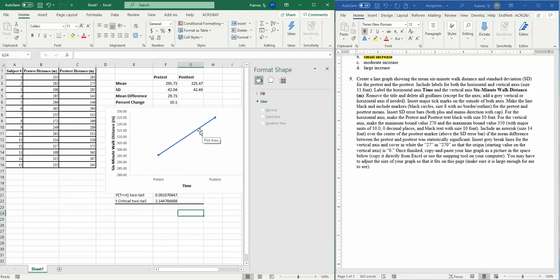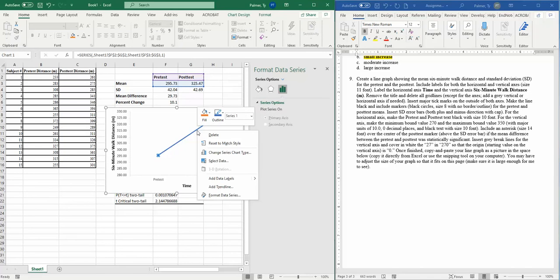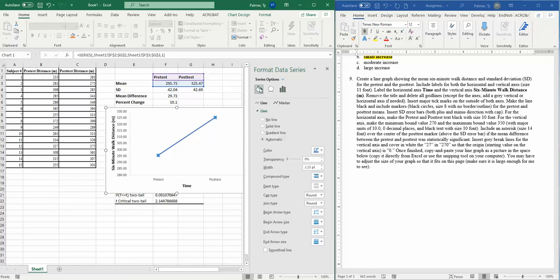Obviously, you can see the default here is blue, so we need to change the color to black. To do that, click on the line to where it's highlighted and then right-click, Format Data Series, go to Paint Bucket, go to Line, go to Solid Line, and then go to Black. And then that changes the line to black, as you can see there.